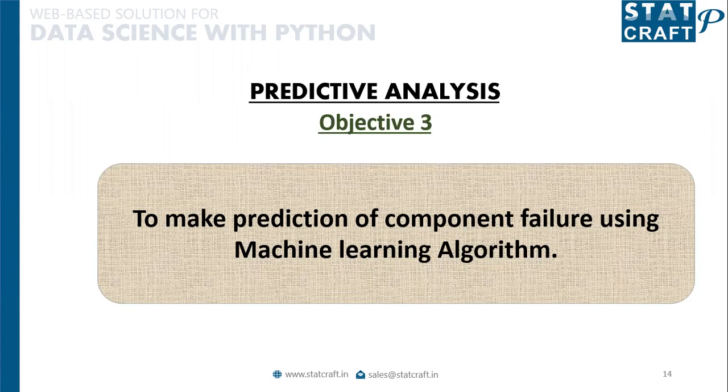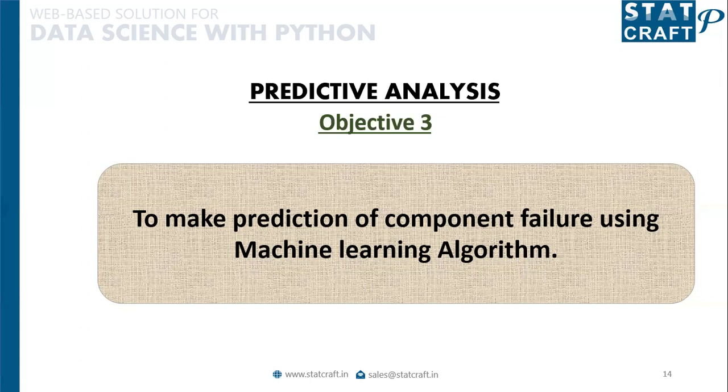We moved on to Oneway Anova, which was an example of inferential statistics. Finally, what we have is predictive analysis. Here, the objective is to make a prediction of component failure using a machine learning algorithm. We are trying to predict which component would experience failure through a machine learning algorithm.